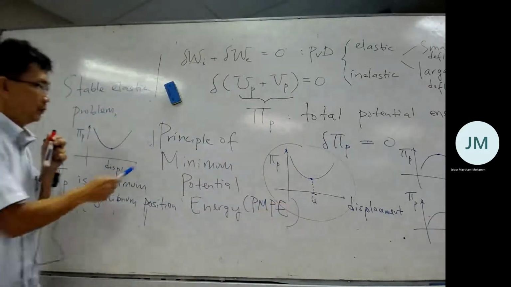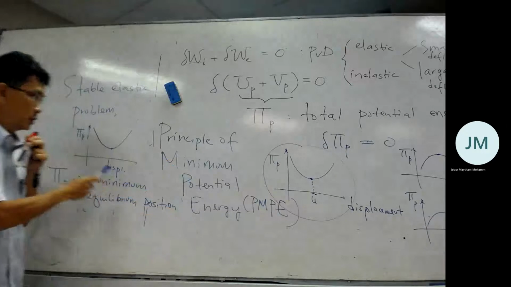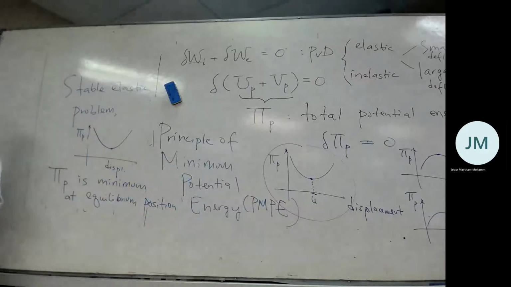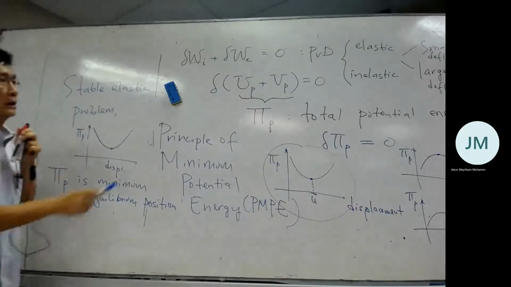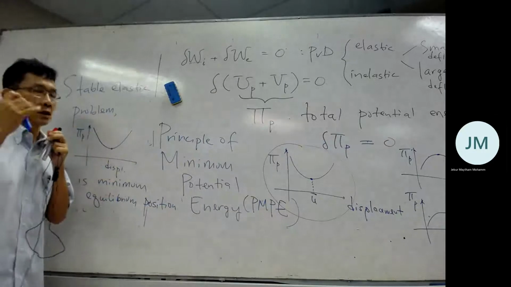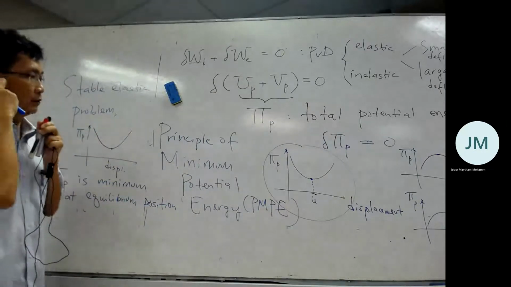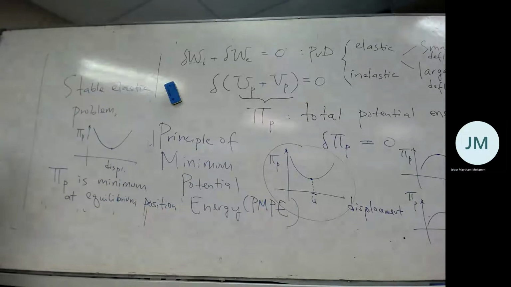We apply that principle only to stable elastic problem. Then the total potential energy is minimum at equilibrium. So this is classified as principle of minimum potential energy, or PMPE.